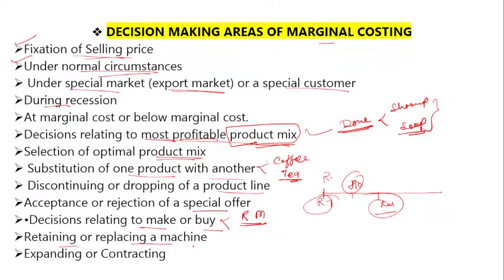Retaining and replacing a machine, whether it is time to retain the machine or replace it. Expanding or contracting, that means the company needs to either expand the product line or contract it. So all these decisions are taken with the help of marginal costing.